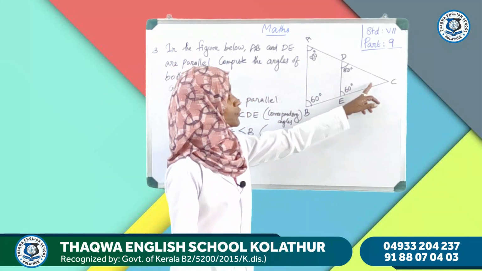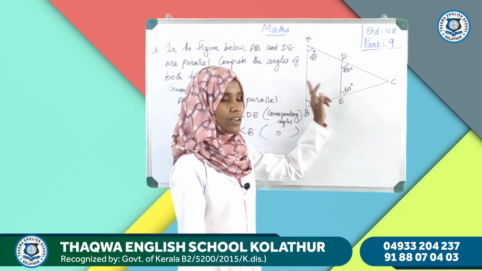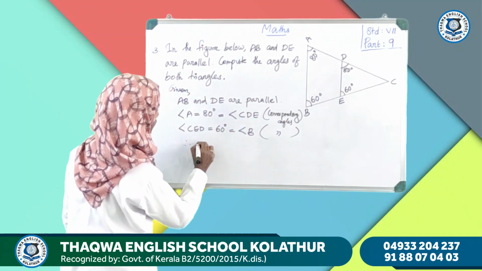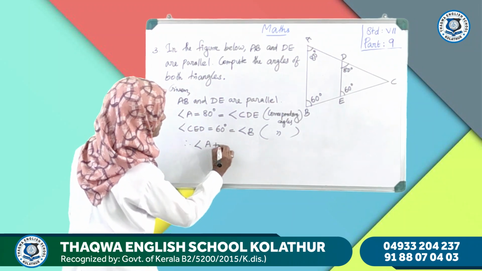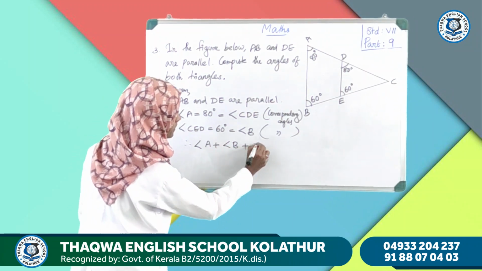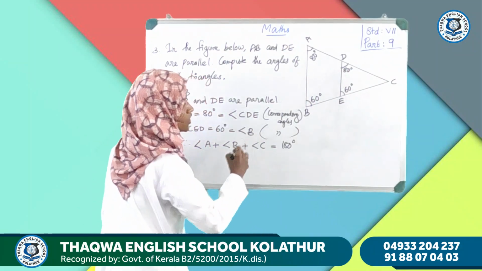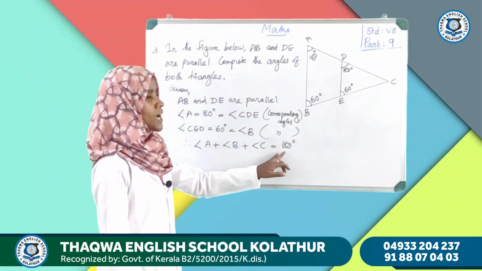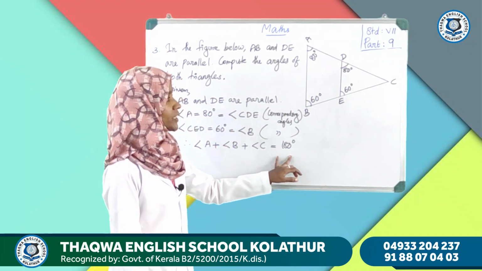Now we have to find out angle C from these two triangles. Therefore, angle A plus angle B plus angle C equals 180 degrees. Why? The sum of the angles of any triangle is 180 degrees.